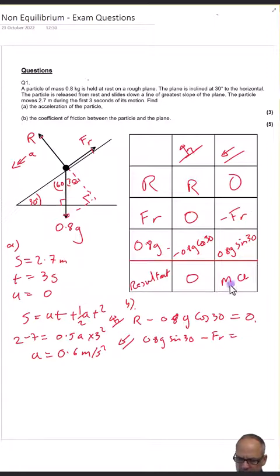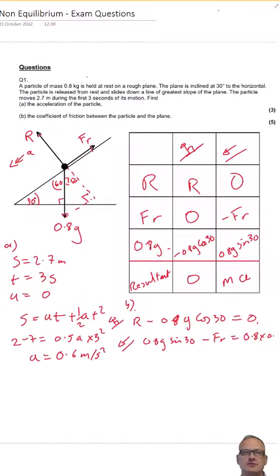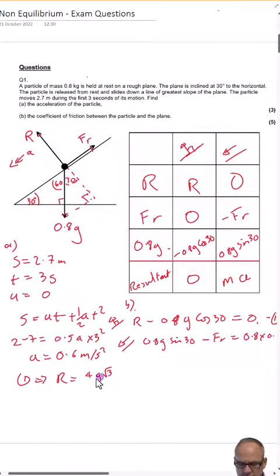We know that m is 0.8 and a is 0.6, so we can put that all in that equation. From equation 1, R will equal 0.8 times g, which is 9.8, times cos 30. So we're going to get 4g root 3 over 10.